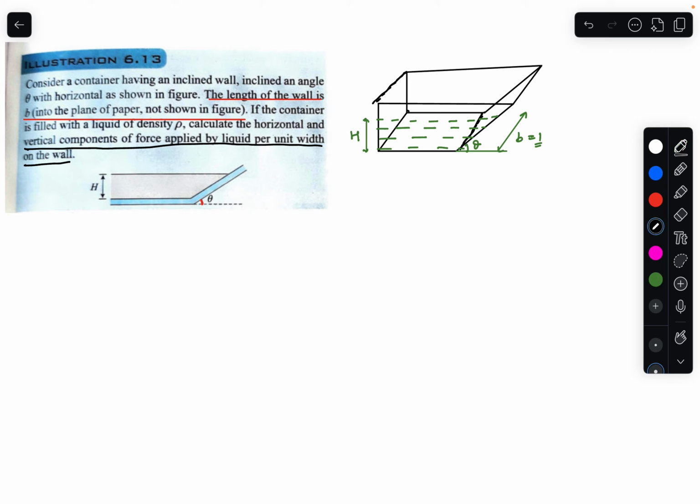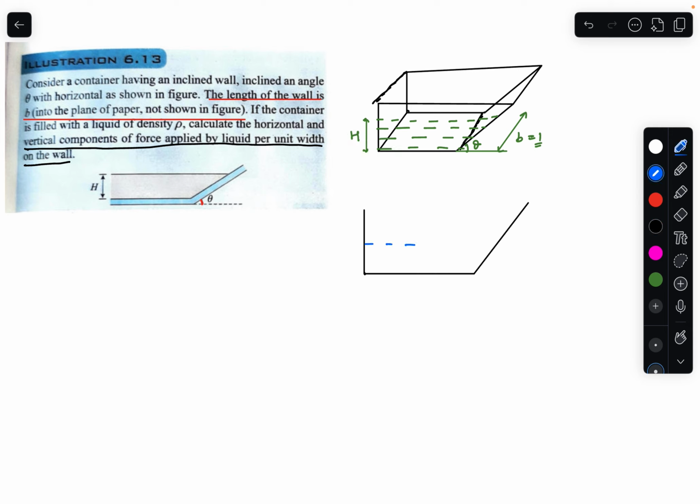I will just draw the 2D diagram of this. We have this like this, and on the other side there is this part, and the liquid is filled in this.